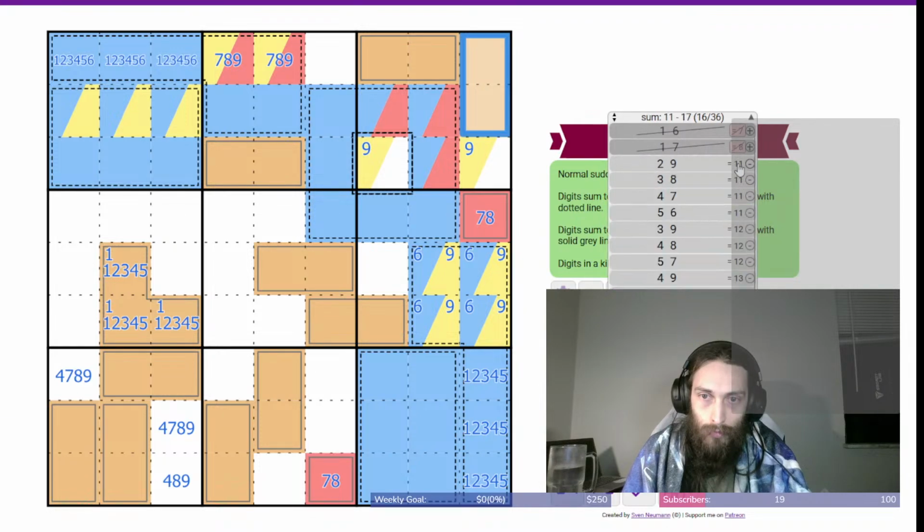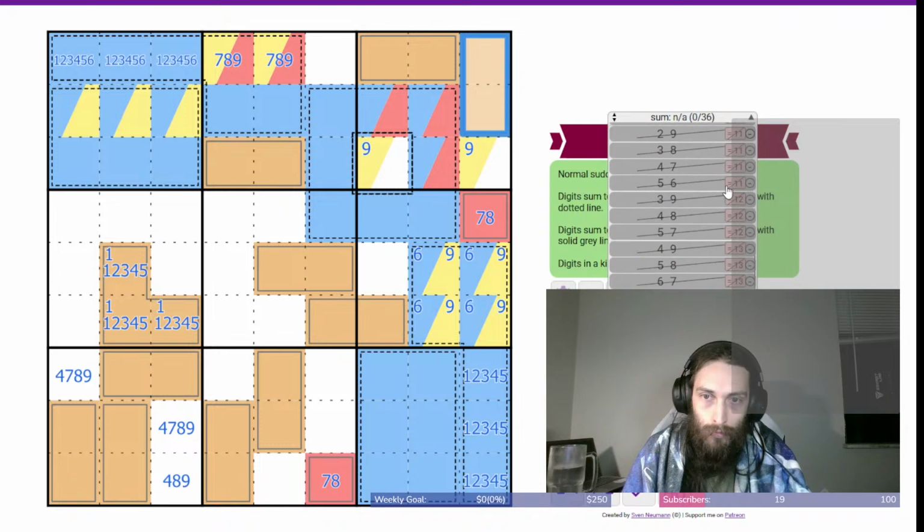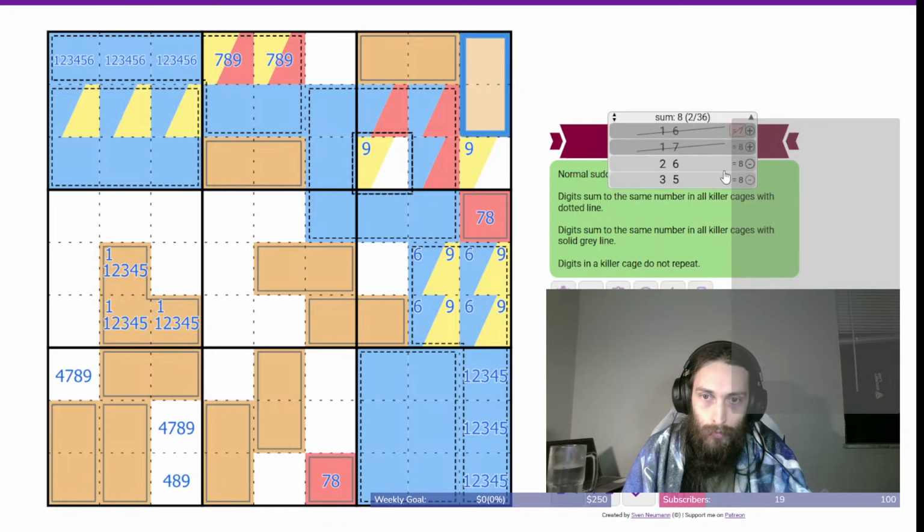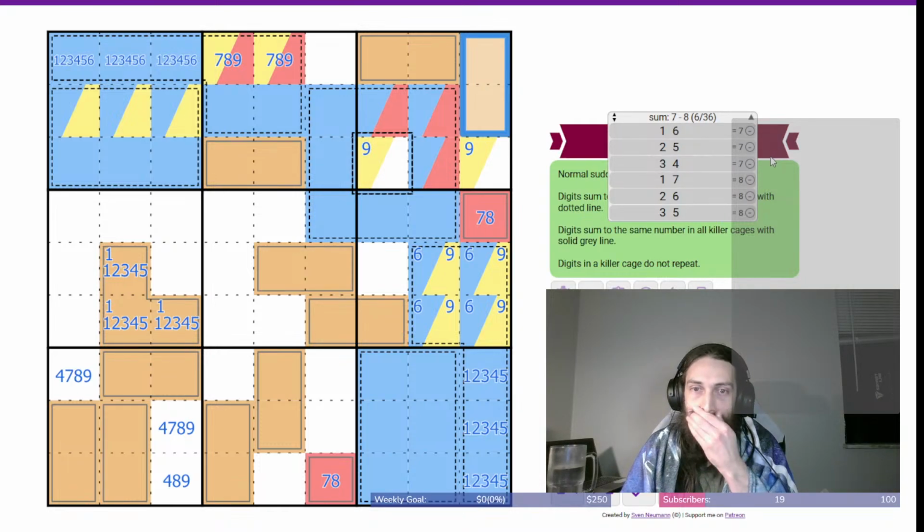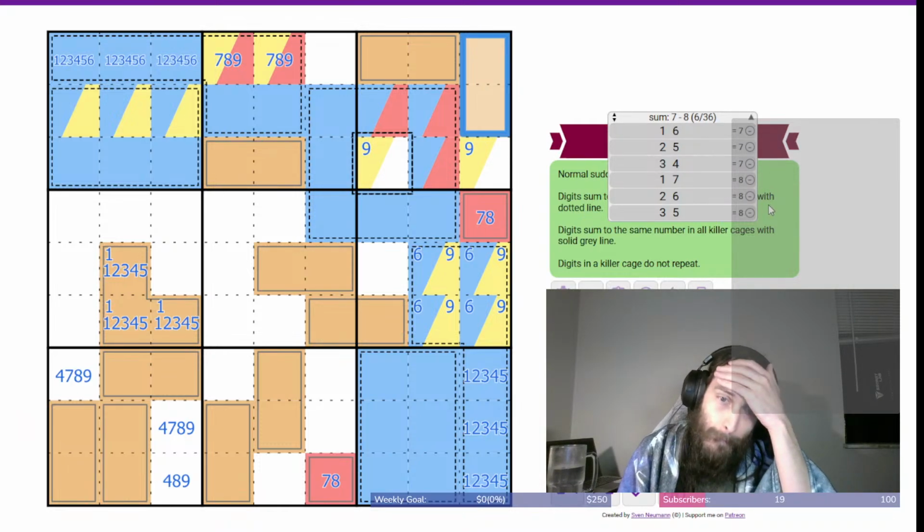If it's 1, 3, 5, then red would have to be 8 and 2, 6. And it can't be 7.